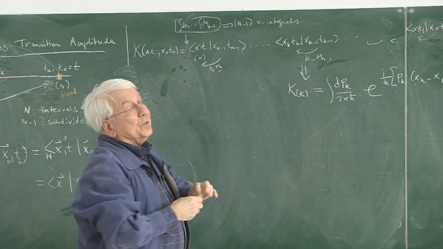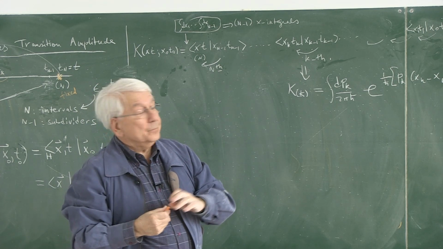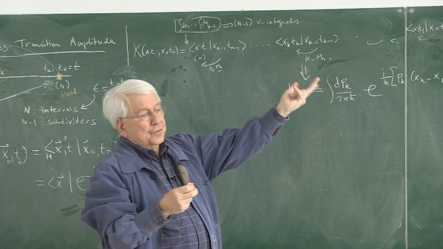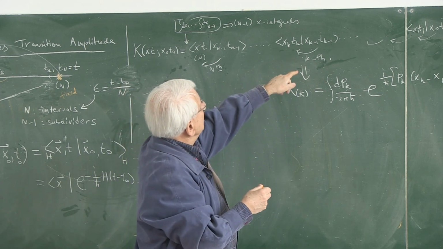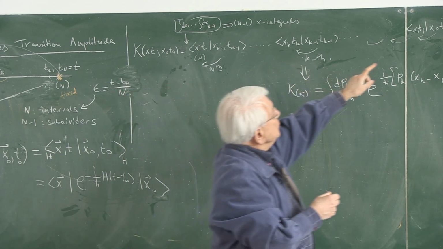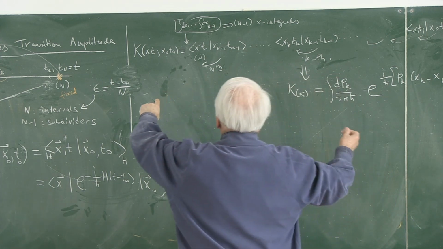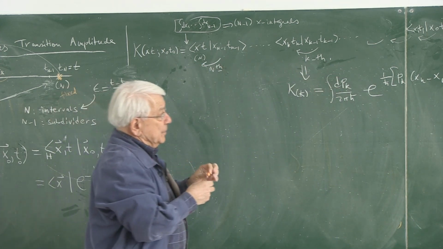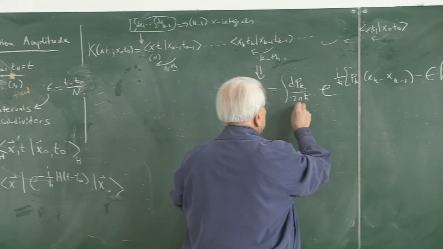Then, how many pk integrals? Pk counts the number of transitions. Zeroth to first, all the way to n minus 1 to nth. So there are n of these integrals.